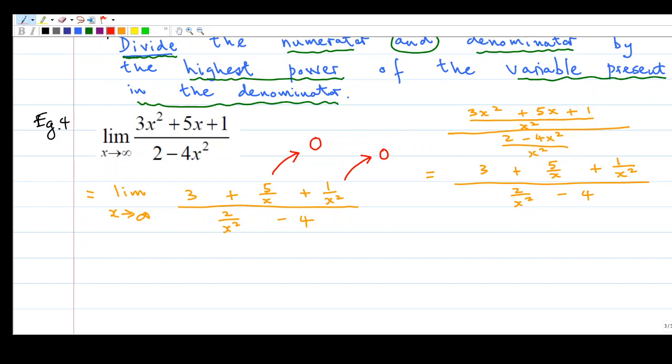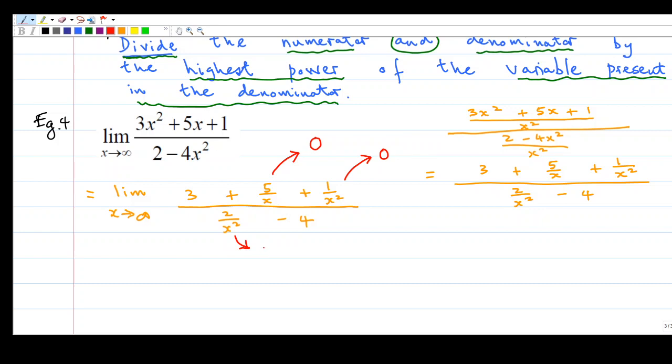Right? And if I go to taking the limit of the terms in the denominator, the limit as x approaches positive infinity. So the limit of 2 over x squared, remember now the numerator here, 2, is a constant. So it's some constant divided by a positive denominator, which is approaching very, very large values.